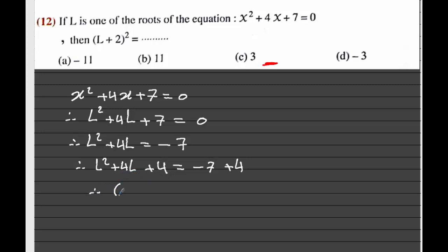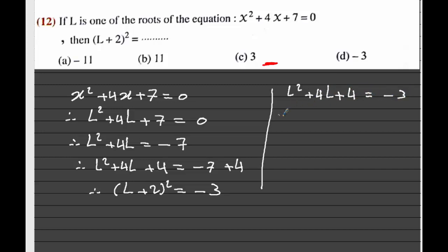So (L plus 2) all square equals negative 7 plus 4 equals negative 3. Again, you can deduce it yourself. L square plus 4L plus 4 equals negative 3, right? So by factorization, you will get (L plus 2) multiply (L plus 2) all equals negative 3. (L plus 2) multiply (L plus 2), it is (L plus 2) all square.